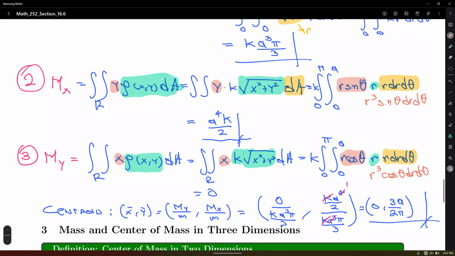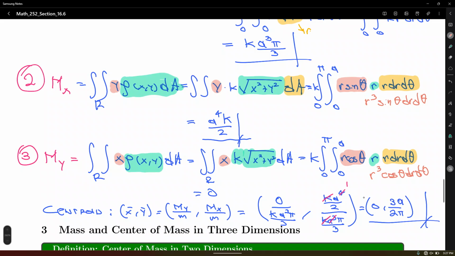In this case, the moment about x, which is k a to the fourth over 2, divided by the mass, which is k a cubed over pi. All right, so 0 for the x coordinate, and simplifying powers of a and getting rid of the k's, that's going to give us 3a over 2 pi.